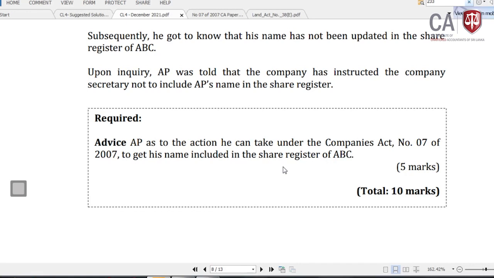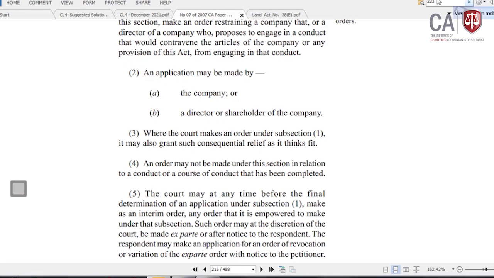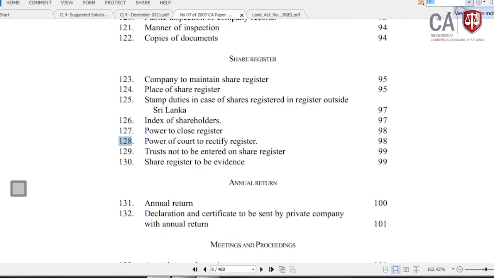Now, the relevant section is section 128. So, you should be familiar with the relevant provision. This is the table of content where you get all the sections.